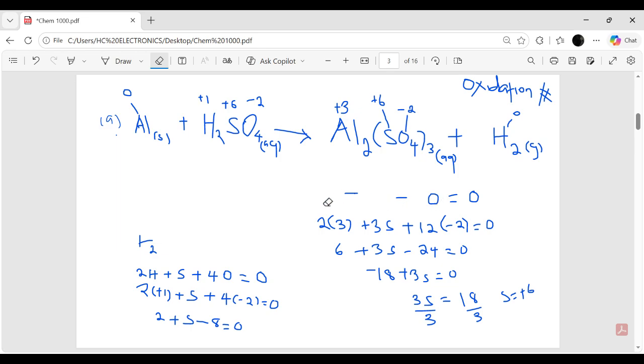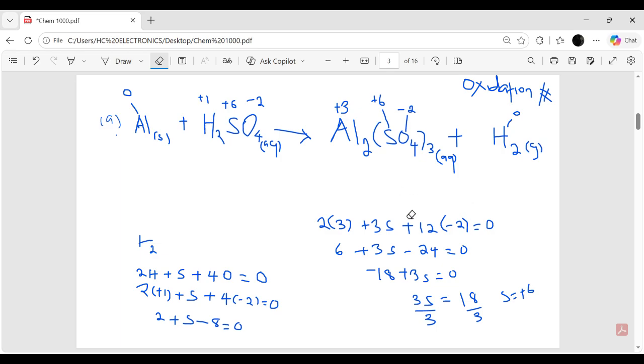When balancing an equation using the oxidation number method, you do everything on the same equation. You assign oxidation states, you get a mark.